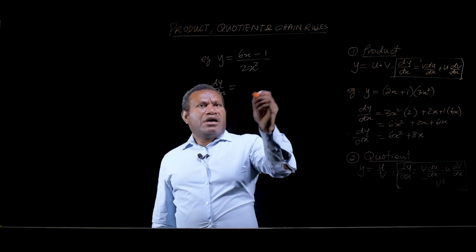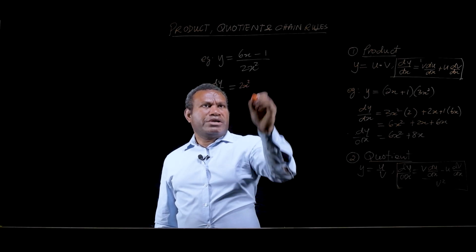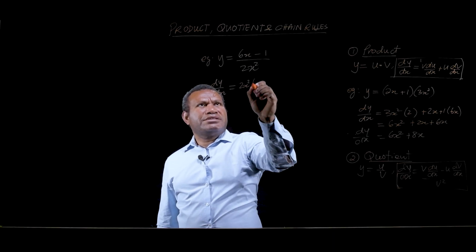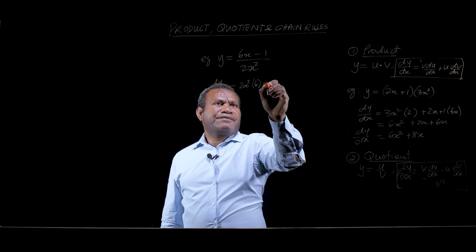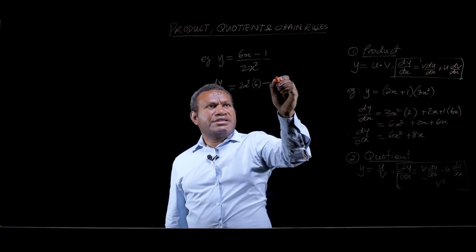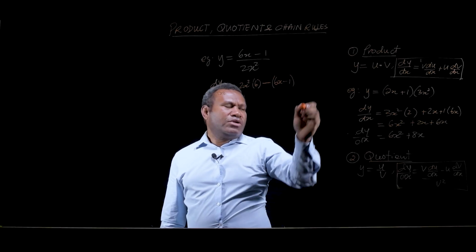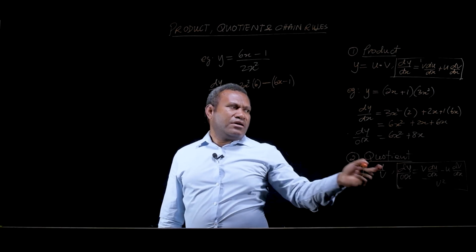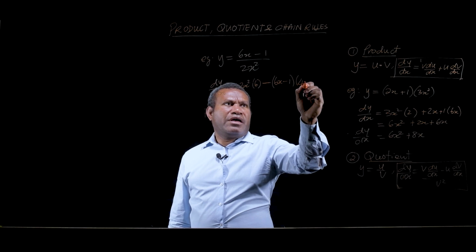So the second function here is 2x squared multiplied by the derivative of the first function, which is 6, minus u, this function 6x minus 1, multiplied by the derivative of the second function, which will be 4x.